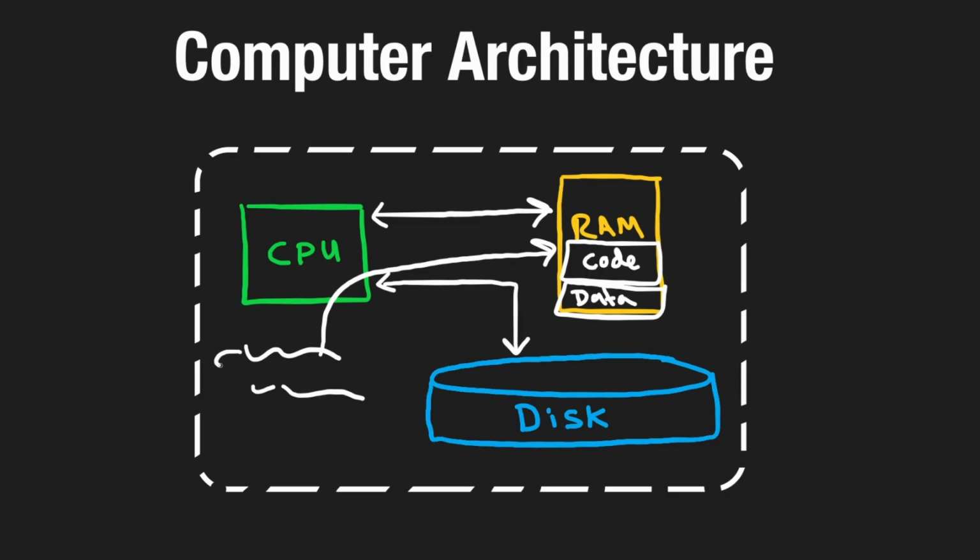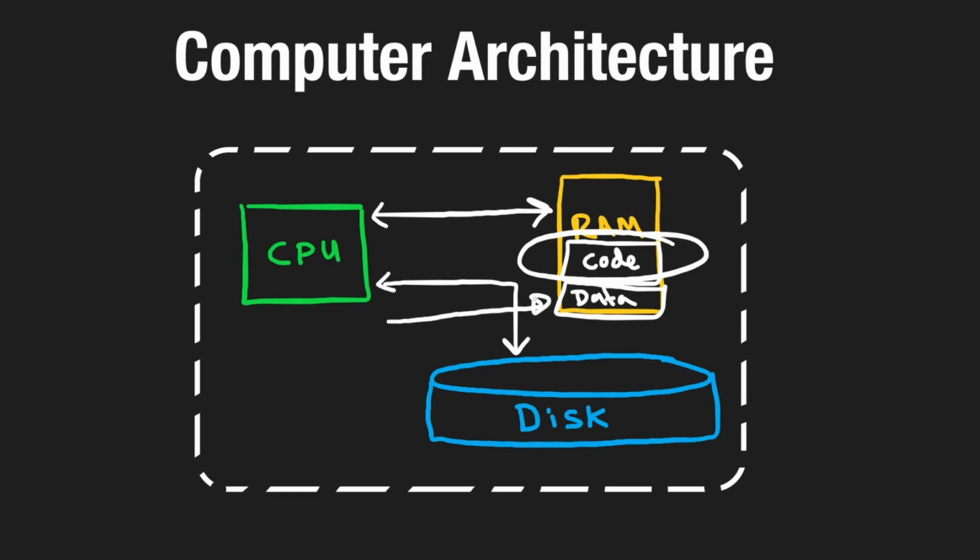Like maybe we declare an array and then we loop through that array. So those instructions are code, and that's what is going to be stored over here. But the variables that we declare, so in that code, we declared some array, that's going to be stored in the data portion of our RAM. So the CPU is not only reading the code that we may have written, but it could also be writing to some data and manipulating that in some way.